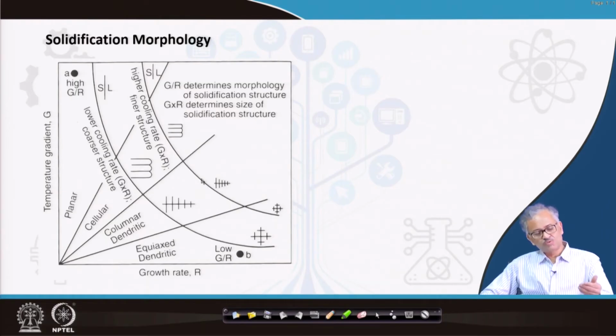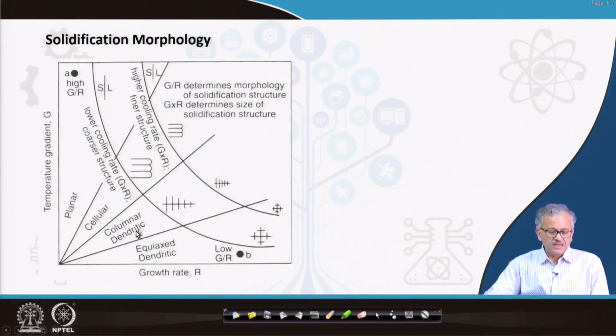And you can predict the morphology by using the term G by R, not GR. GR gives the cooling rate and G by R gives the idea about the morphology of the structure. As you can see, a very high G by R gives planar solidification. That has to be a very high value. If it is lower, then it transfers to the cellular structure.